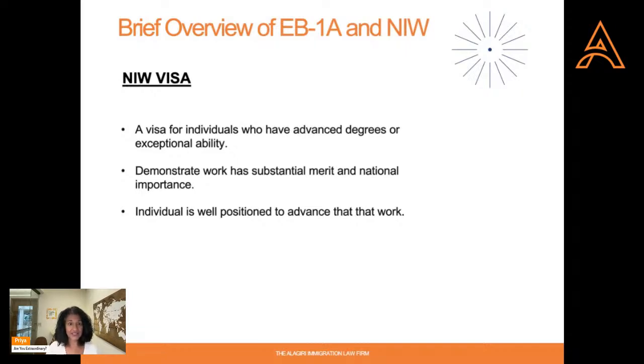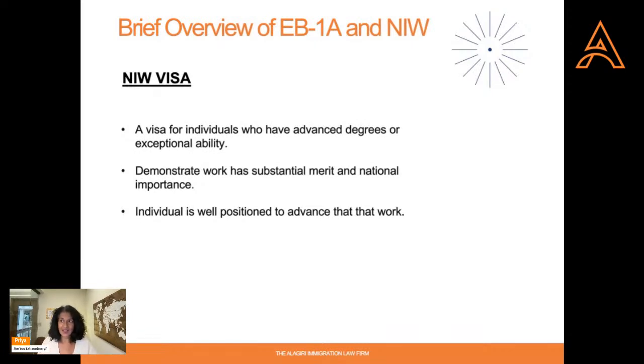And finally, applicants also have to show that not only does their work have importance to the US, but also that they are the ones who should do that work. Again, a very brief overview just for people who aren't familiar with either of these visas.